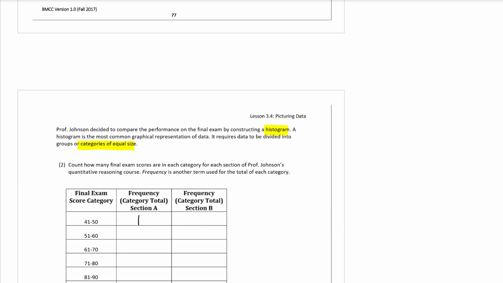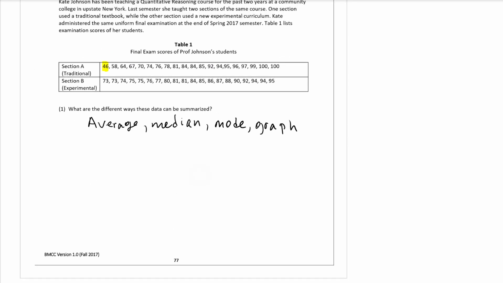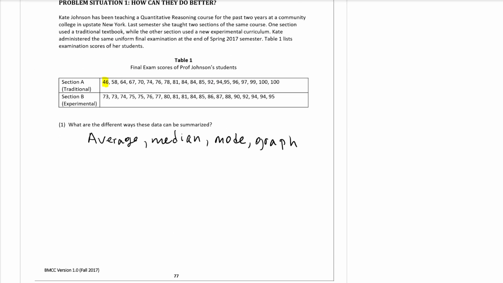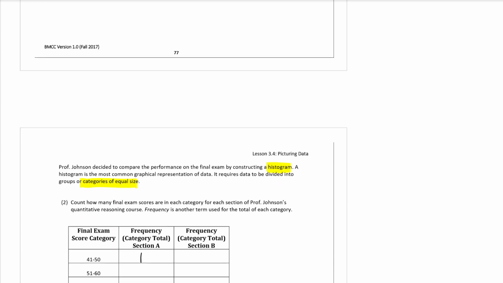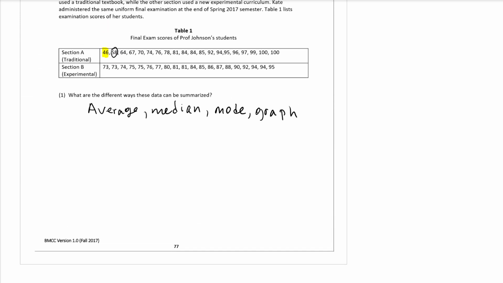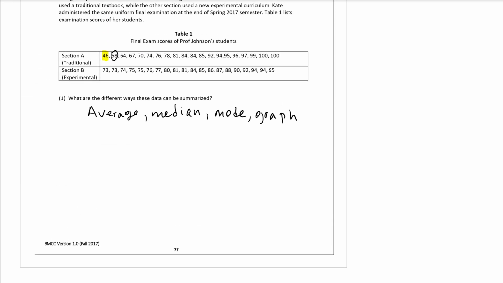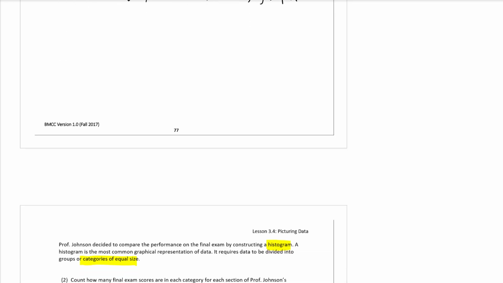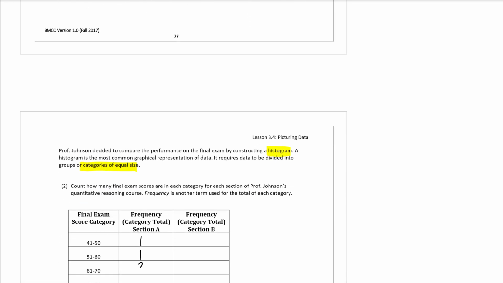All right. Between 51 and 60, we also only have 1. Between 61 and 70, including 70, we got 3, and so on.